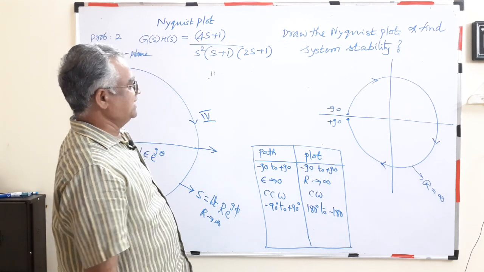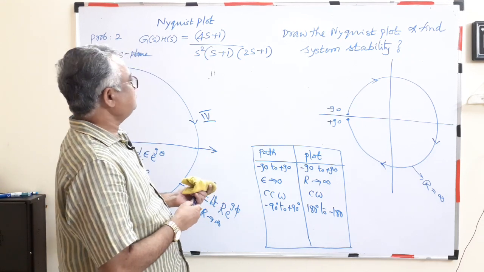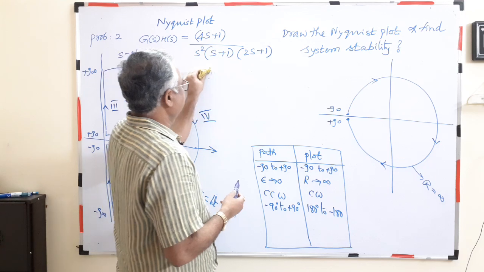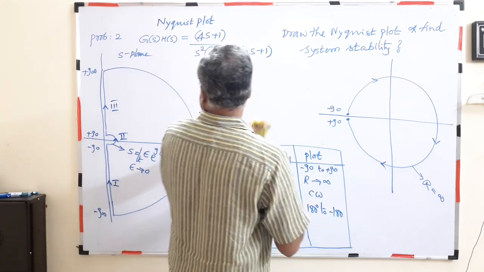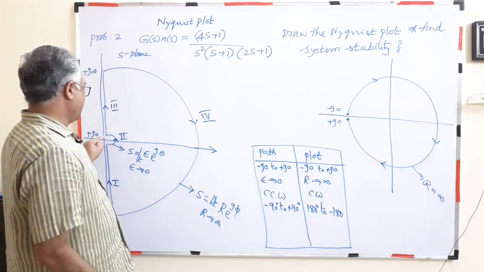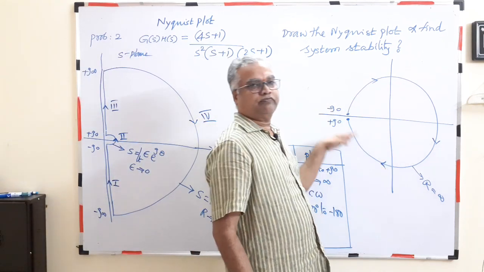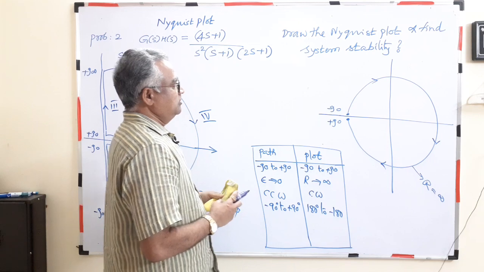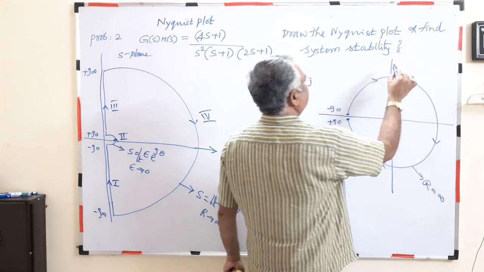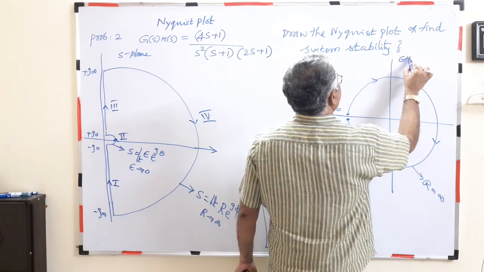So we are done with the second section. The second section path, the Nyquist path, we change it to the Nyquist plot. It's a mapping. What is this plane? It is the GH plane.